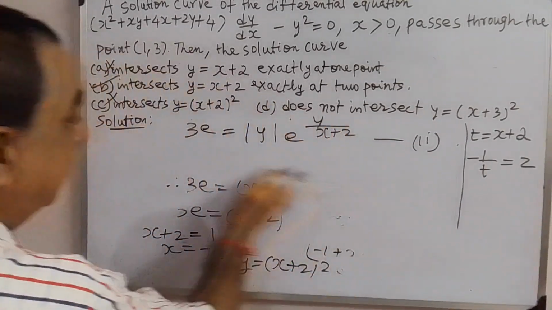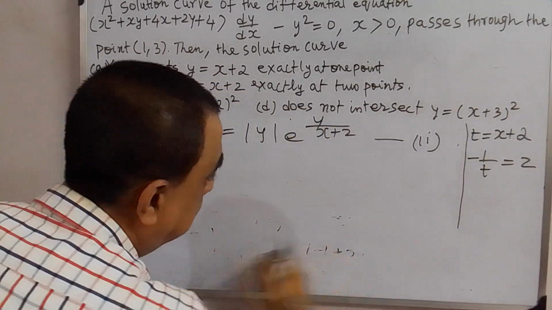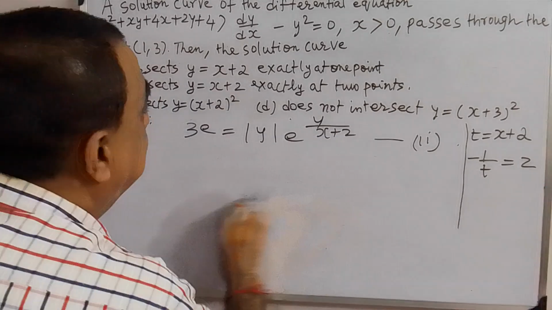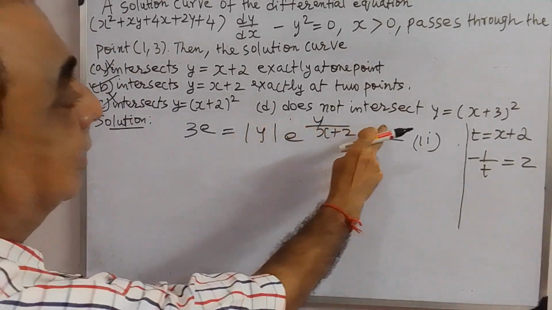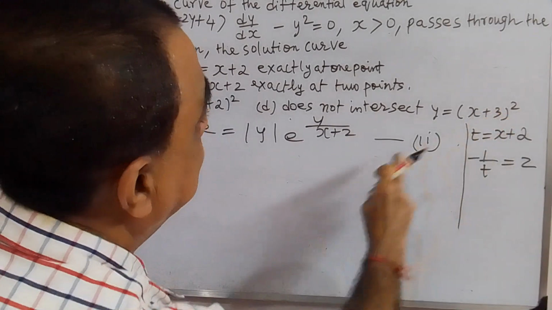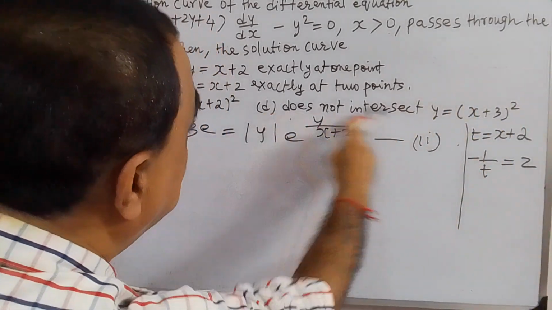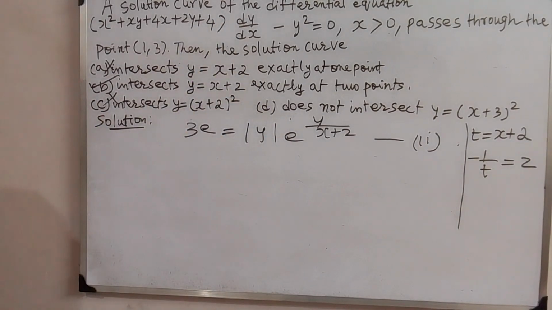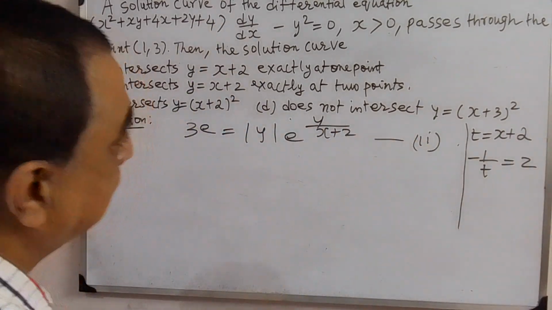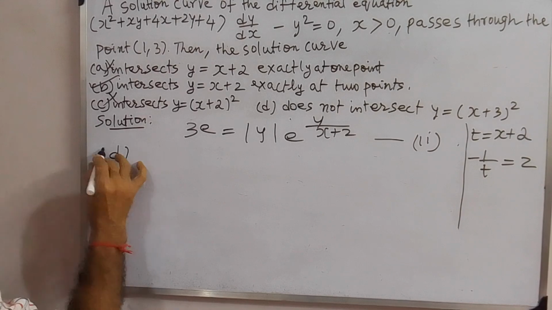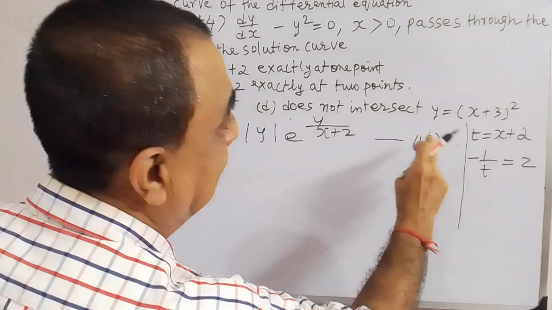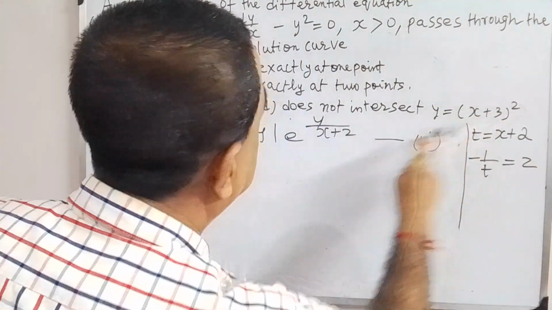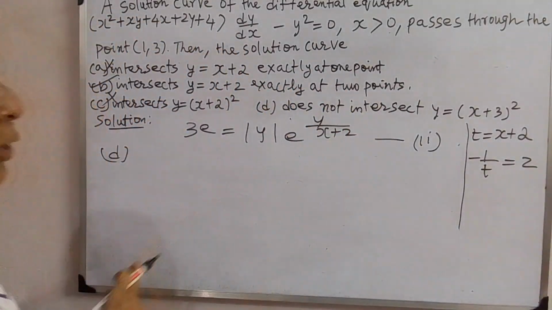What is D saying? D is saying that this curve, y equals x plus 3 whole square, does not intersect the curve which we have got. Now let us check whether it is intersecting or not. If it intersects, then this equation of the curve will satisfy this equation.